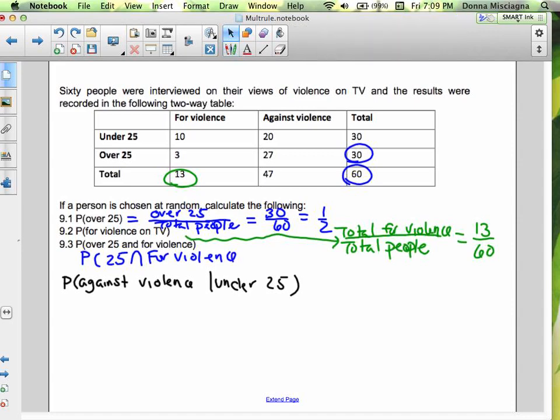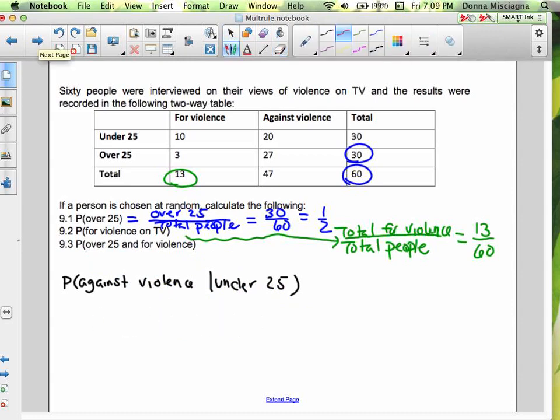I try to color code these so that I can circle them, and then you can follow along. And I've already used blue. So probability of over 25 and for violence.